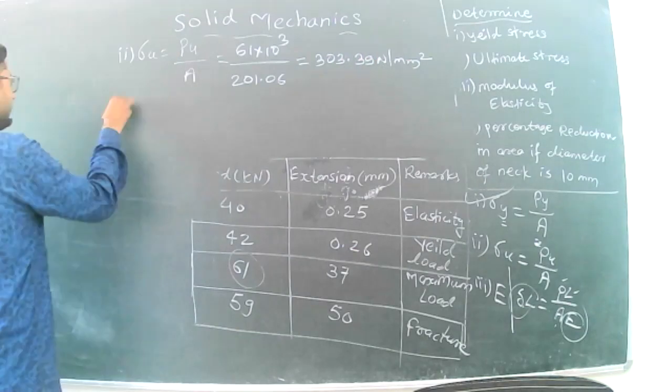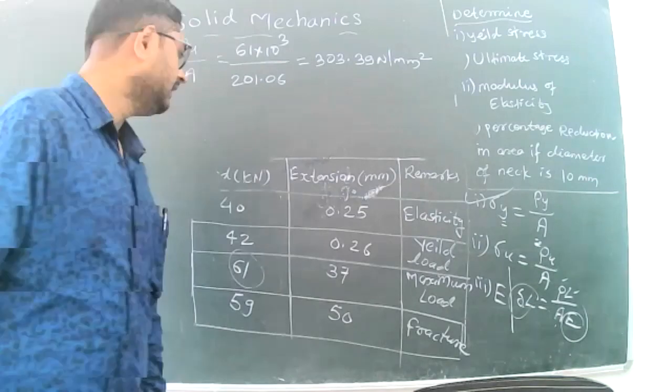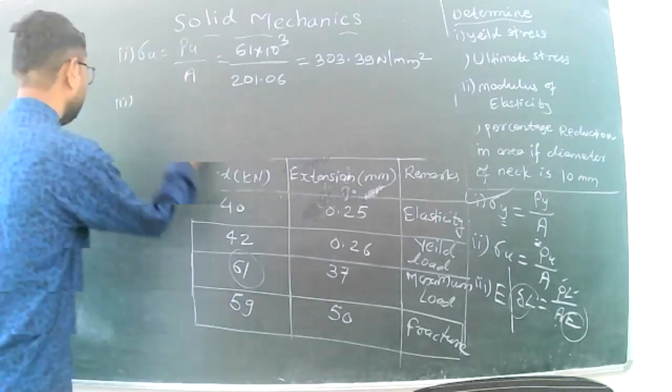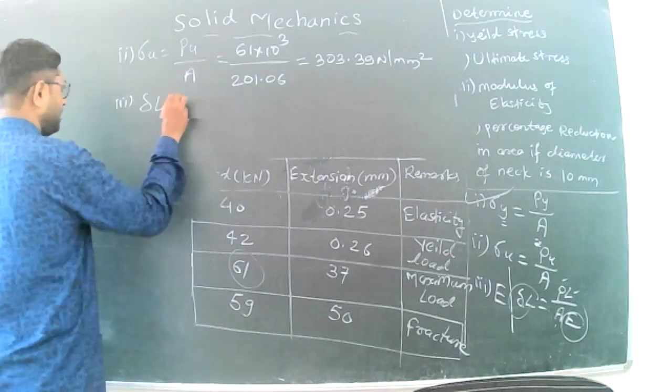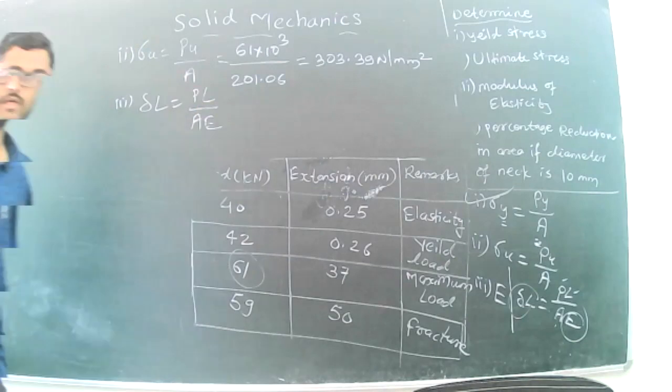Then the third unknown is E, modulus of elasticity. How to find modulus of elasticity? We have the equation delta L is equal to PL by AE.